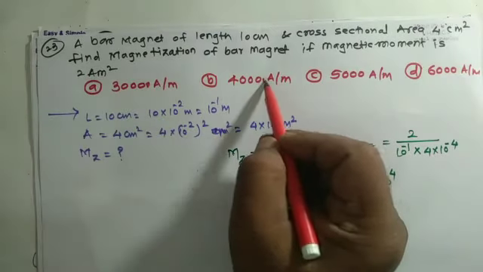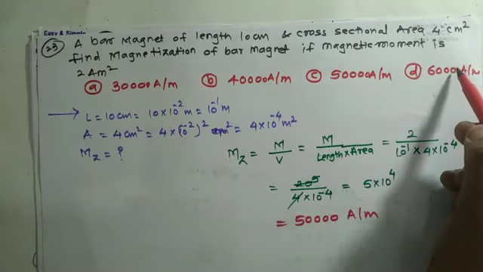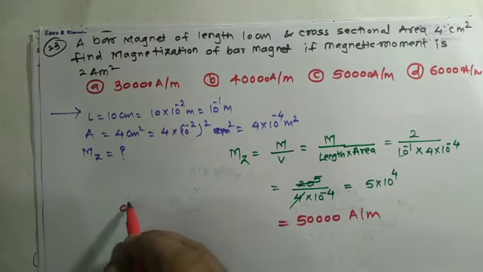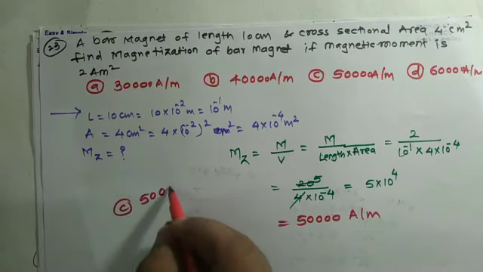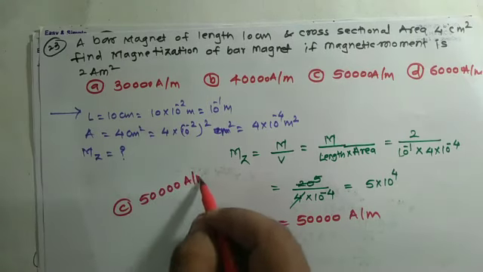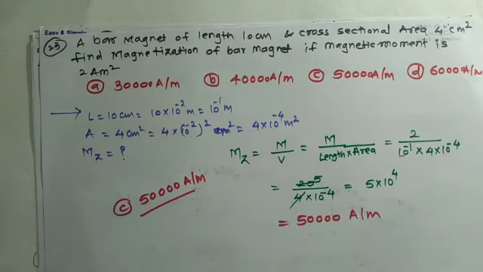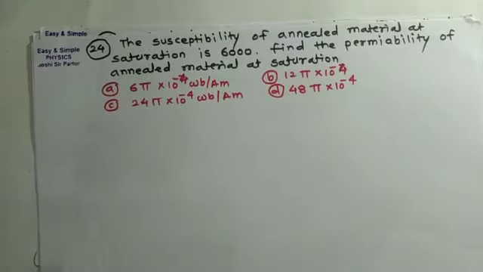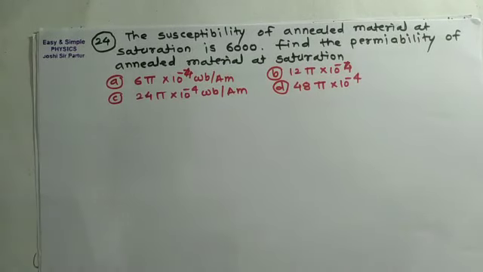So the answer is option C, 50,000 ampere per meter.